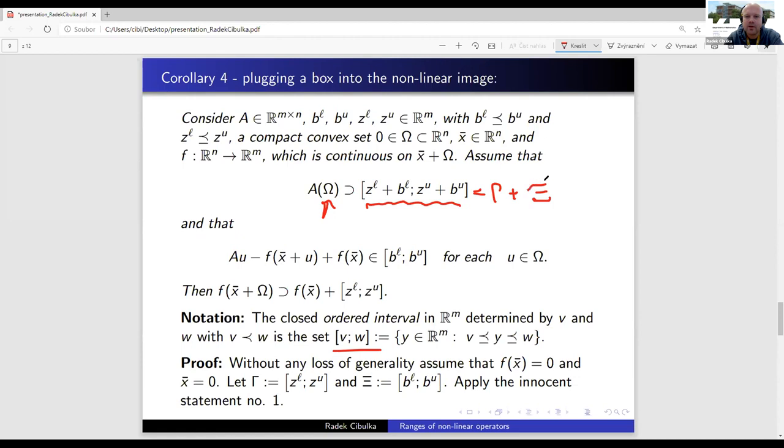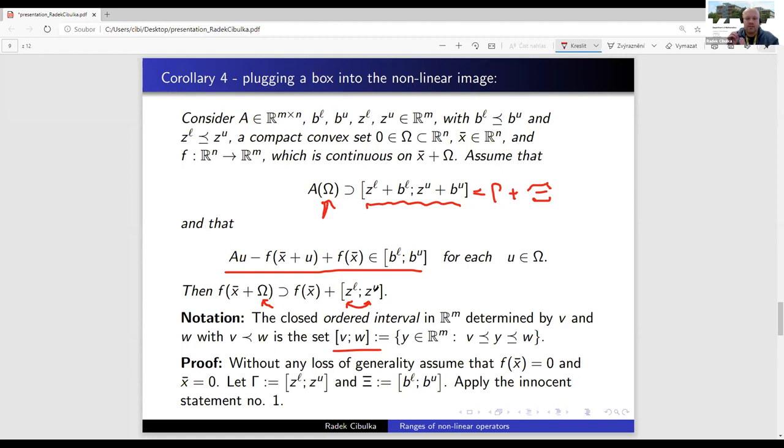So in the applications, it says that you solve the linear problem and you are close enough to the nonlinear mapping. Then if your range of power injections, for example, is within this range, then you are able to find the solution, which means that you satisfy the constraints of the network. Again, the direct application of the innocent result.